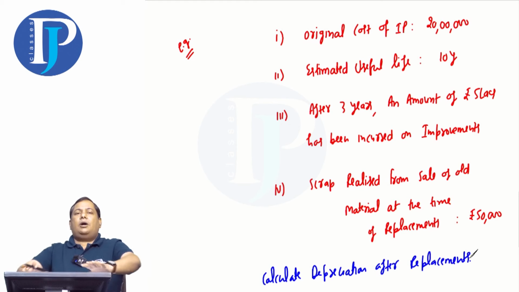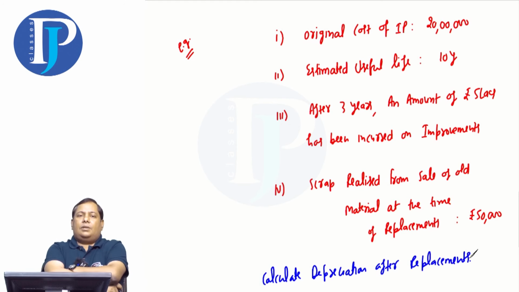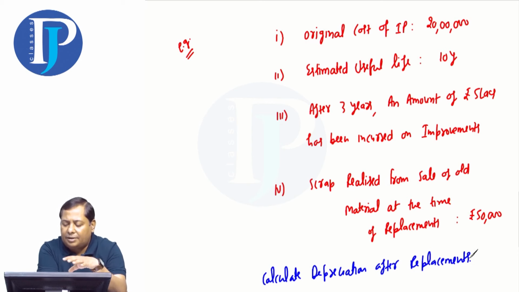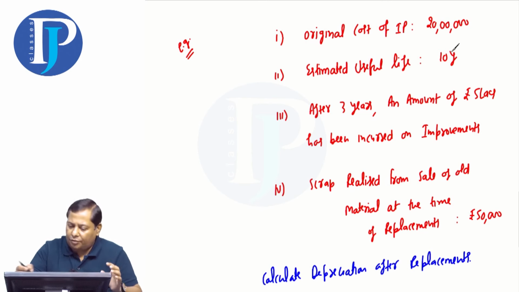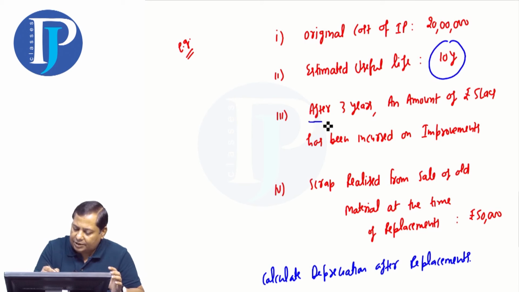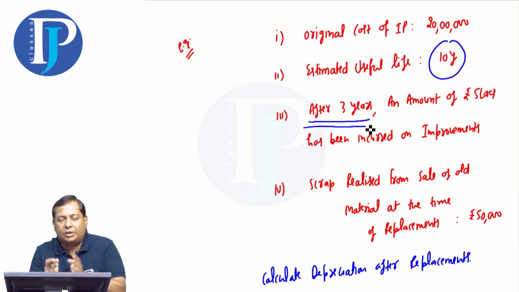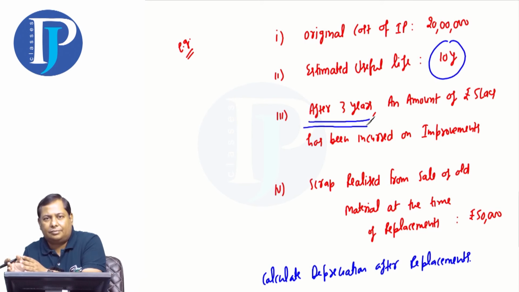Now examine this example. If you examine this entire example, you will get to know that different lives are not appearing. Overall life is 10 years, 3 years have passed, so remaining life is 7 years.